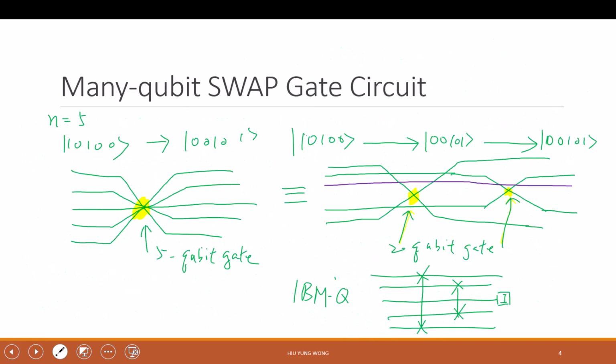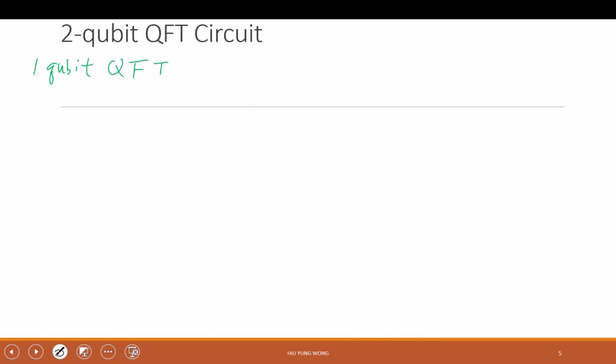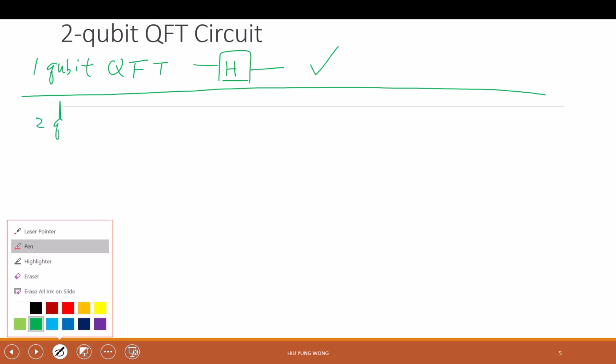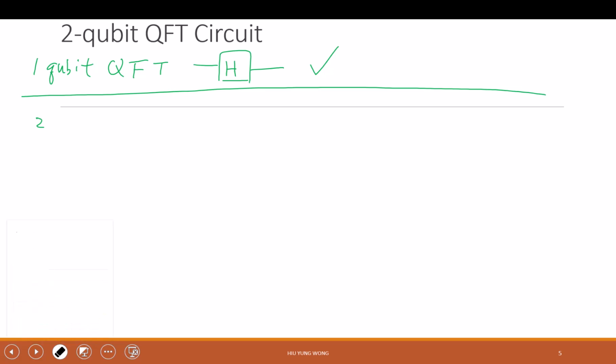So if I ask you to implement a 1-qubit quantum Fourier transform, just put a Hadamard gate. Done. Okay, this is easy. So how about 2-qubit gates? We are not going to derive it. It can be derived, but it is very troublesome. The first time I taught this, I tried to derive it and I just confused everyone. And it's meaningless to spend time on it in this class.